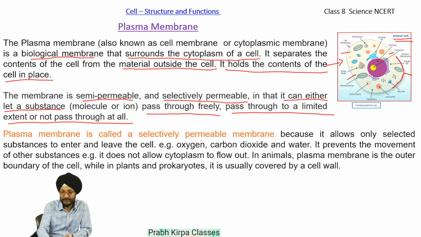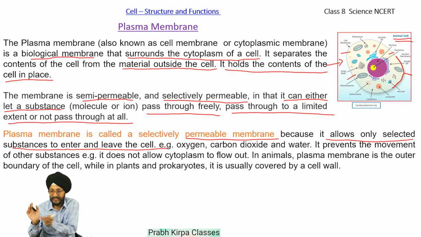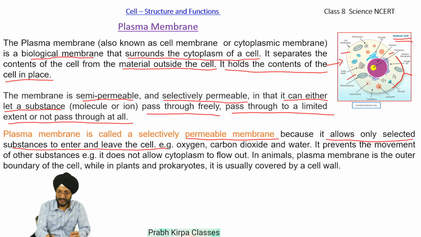So a very important question arises: why is the plasma membrane called a selectively permeable membrane? Because it allows only selected substances to enter and leave the cell. Plasma membrane allows oxygen, carbon dioxide and water to enter and leave the cell, but it does not allow the movement of many other substances.